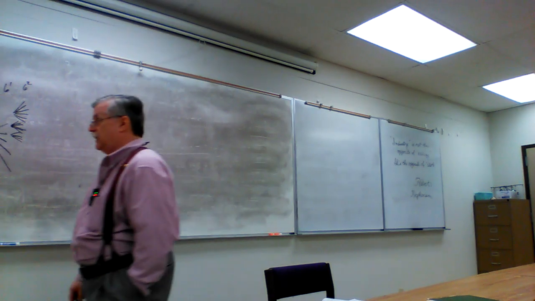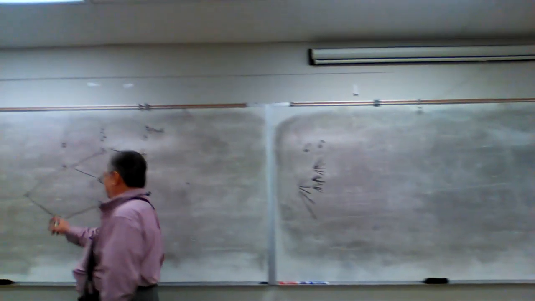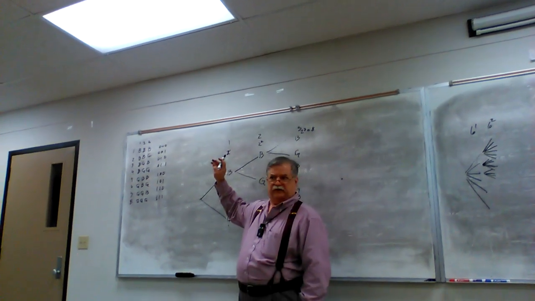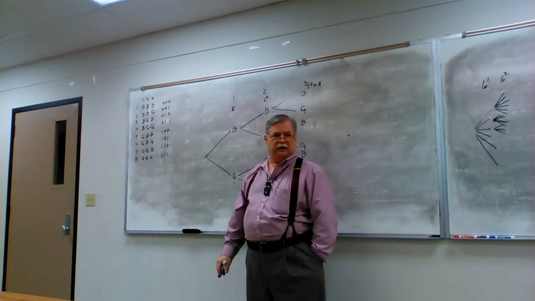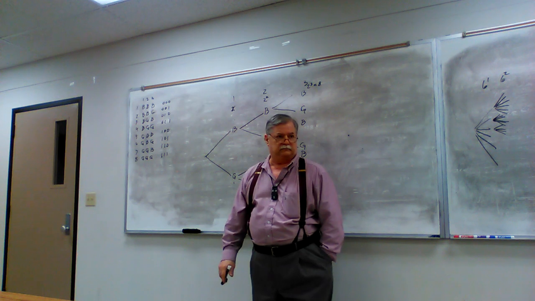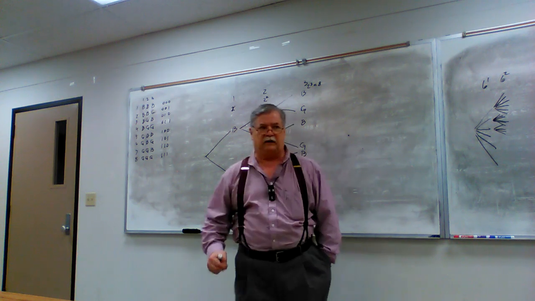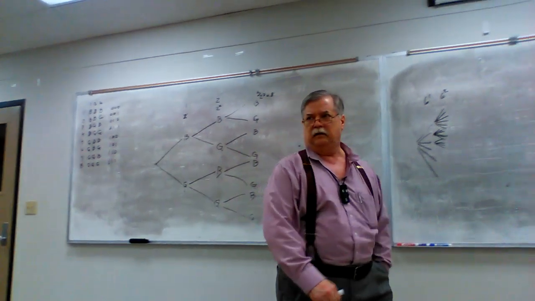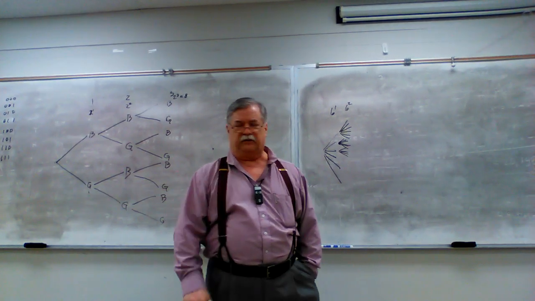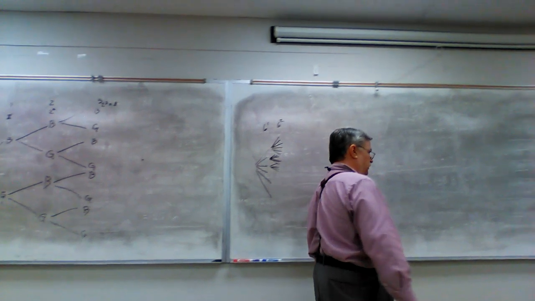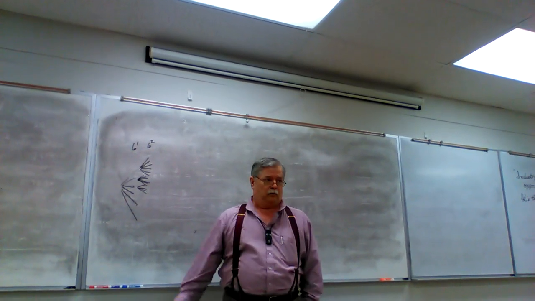Okay, we're assuming here that for every child they have, there is an equal probability that it will be either a boy or a girl. We are assuming that every time we flip the coin, it has an equal probability of landing heads or tails. And so the probability of it landing heads is 1 in 2.